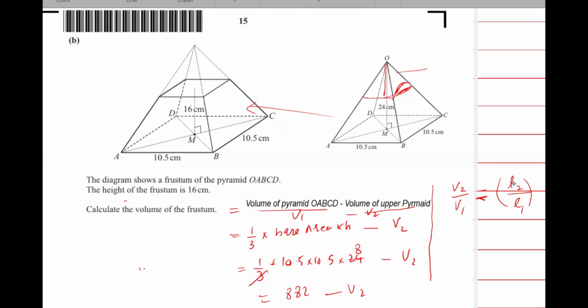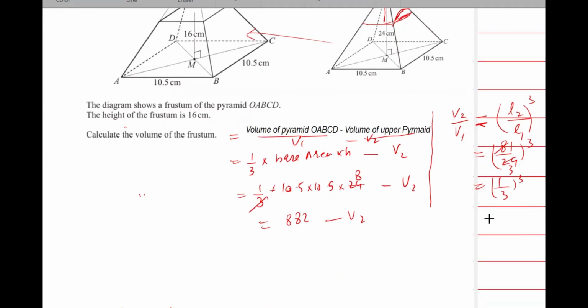We take the cube of this L2 over L1. L2 is the height of the upper pyramid, this length is 8, and V1 is the bigger pyramid, corresponding height is 24, and we take the cube of this value. 8 times 1 is 8, 8 times 3 is 24, 1 over 3 whole cube, and this value will be equal to 1 over 27.